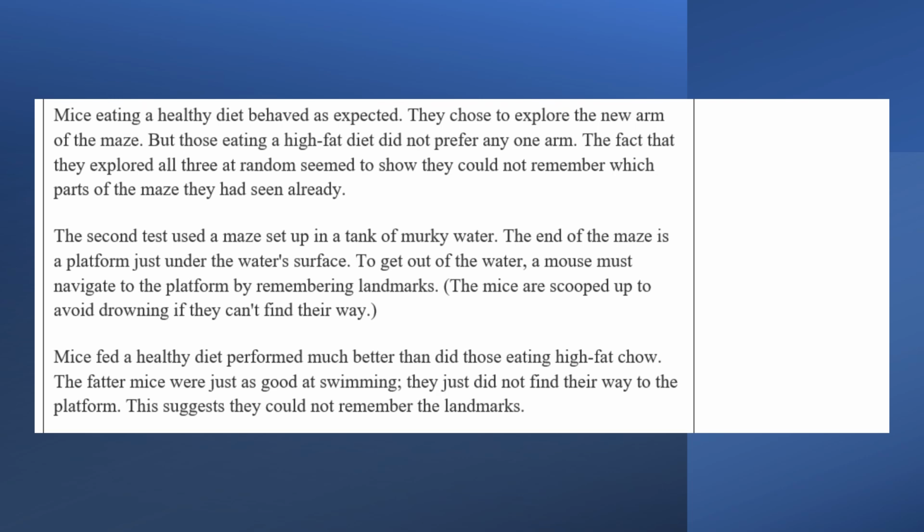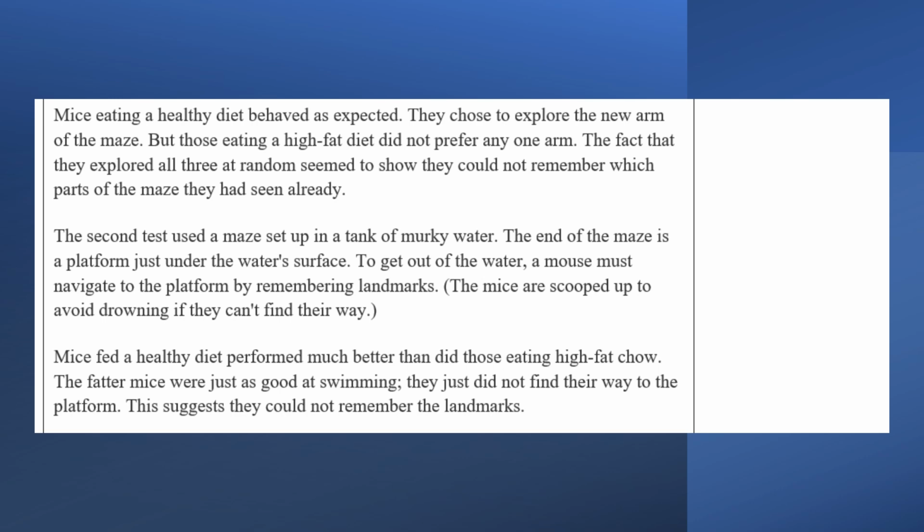The second test used a maze set up in a tank of murky water. The end of the maze is a platform just under the water's surface. To get out of the water, a mouse must navigate to the platform by remembering landmarks. The mice are scooped up to avoid drowning if they can't find their way.